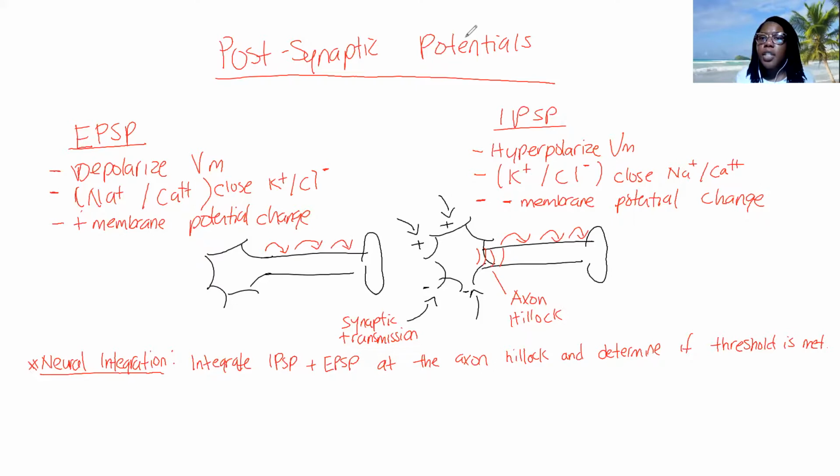Now I got another question here. Let me open this up. So someone's asking why neurons, if they go through all the trouble of sending action potentials, would release inhibitory neurotransmitters. And that's a good question. So in some instances, we want it to be harder to fire an action potential.